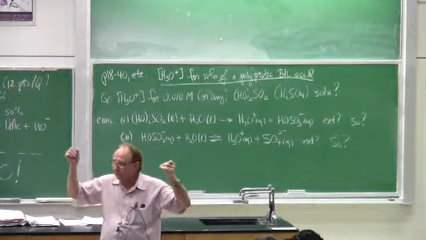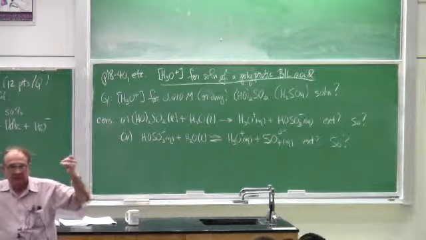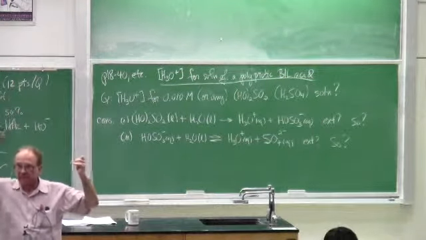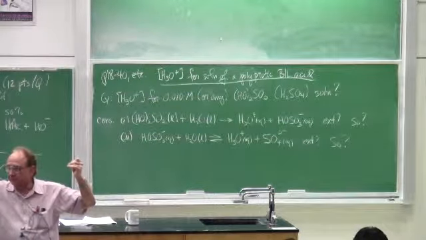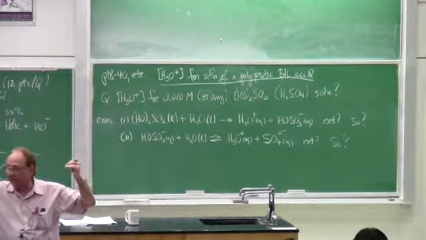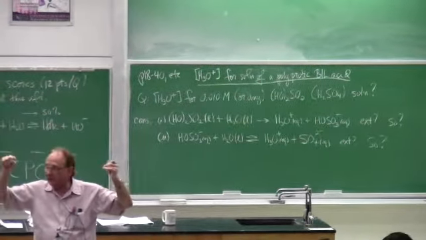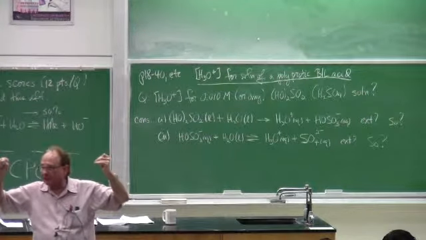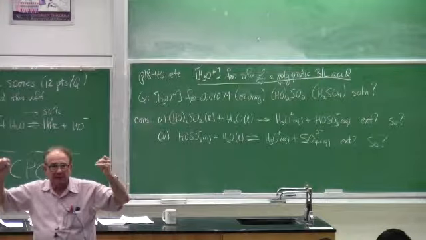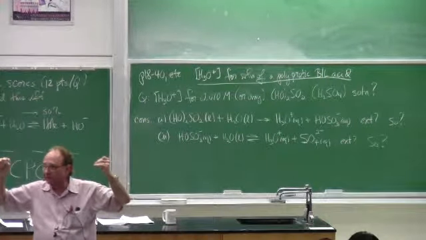Triprotic. Well, by definition then, that makes phosphate ion, PO4 3 minus, which is not the conjugate base of phosphoric acid, nor is phosphate ion the conjugate base of dihydrogen phosphate ion, but it is the conjugate base of hydrogen phosphate ion.